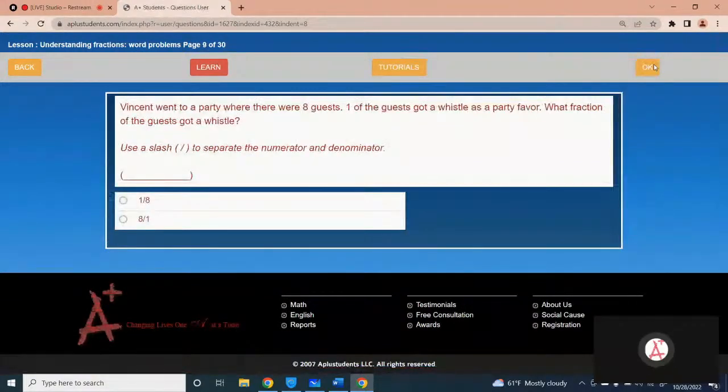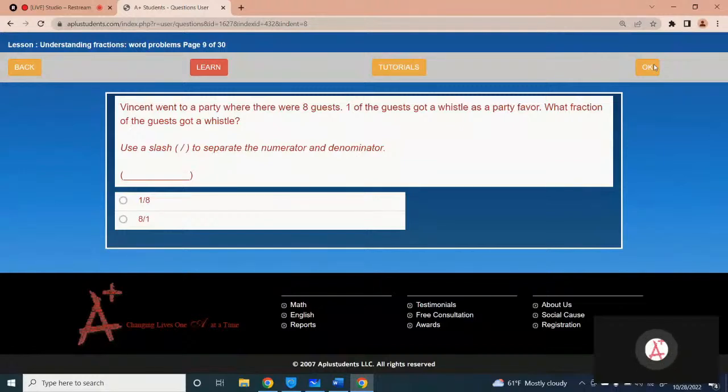Okay, Vincent went to a party where there were 8 guests. One of the guests got a whistle as a party favor. What fraction of the guests got a whistle? So the total guests are 8.